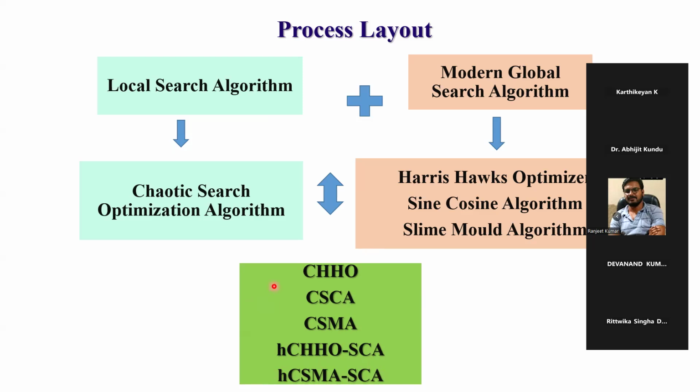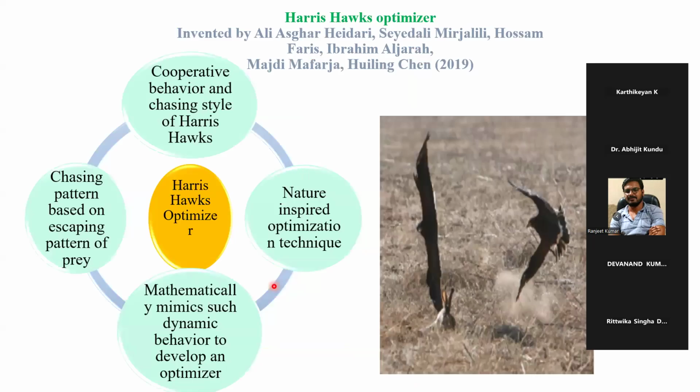In the AI part, there is also an optimization part. Now let us see how the Harris hawk optimizer works. The Harris hawk is a bird. We can see the cooperative behavior and chasing style of the Harris hawk. This is a nature-inspired optimization technique, and we make mathematical equations which mimic such dynamic behavior and develop the optimizer.